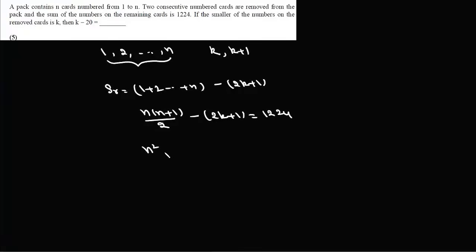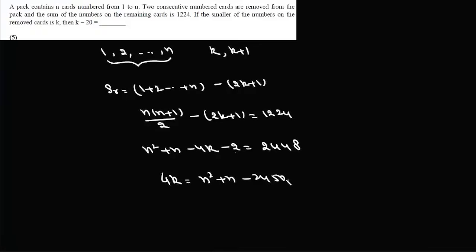We can write n square plus n minus 4k minus 2 equals 2448. We'll take this 2 here, so it will be 2450. So we can write 4k equals n square plus n minus 2450.